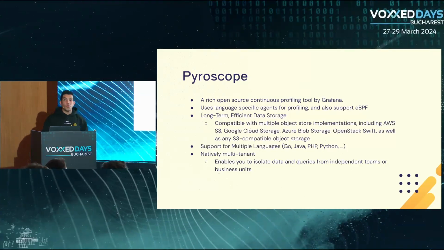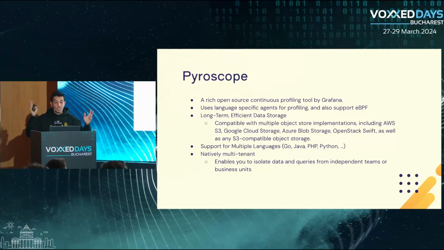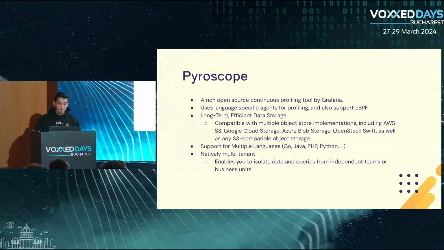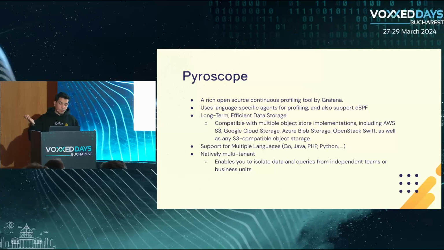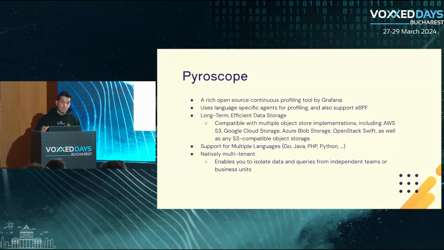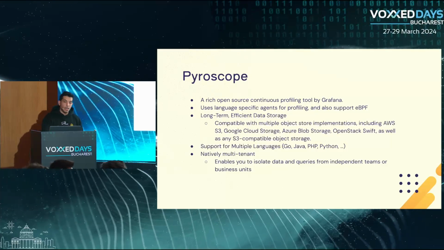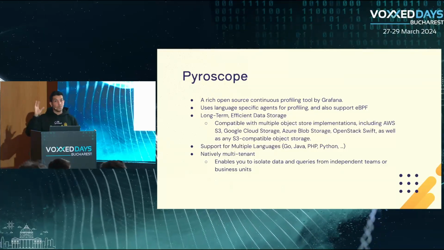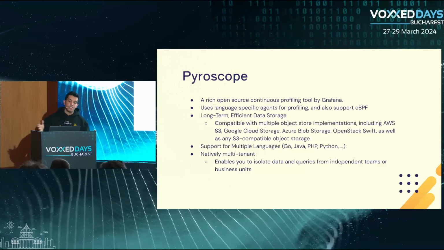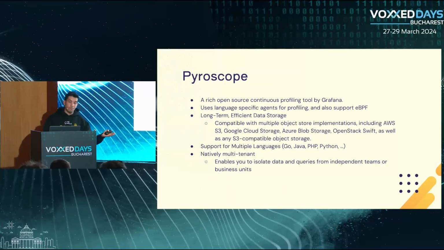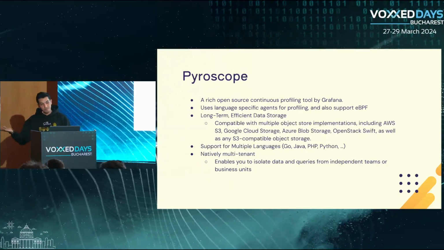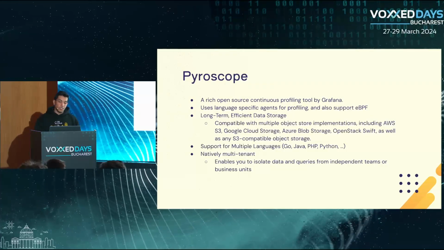It supports all the blob storage, be it S3, Google Cloud Storage, and so on. It has support for multiple languages, as I mentioned, and it also supports multi-tenancy. Pyroscope is very enterprisey, if you think about it. If you want eBPF, easy to set up, you go with it. If you want language-specific, you can have it. So it's cool.